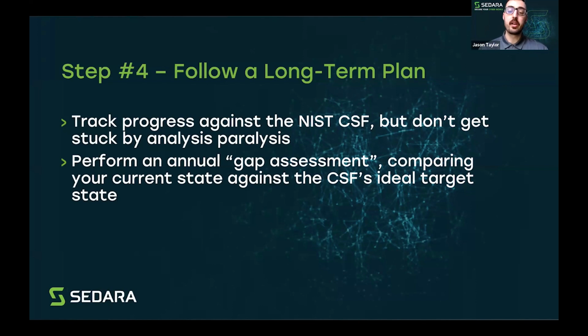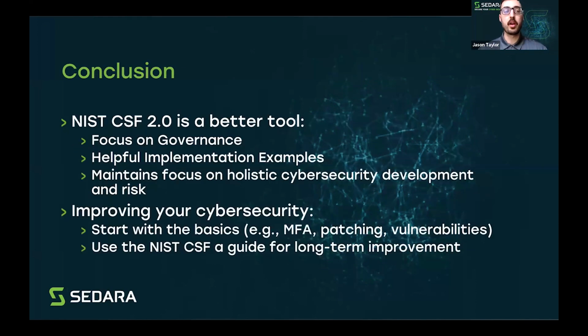So that actually concludes everything that I wanted to go through with you today. We talked about what the NIST CSF 2.0 is and how it compares to NIST CSF 1.1. There's a focus on governance. There are helpful new implementation examples, and remember that it retains its holistic focus on cybersecurity development and risk.